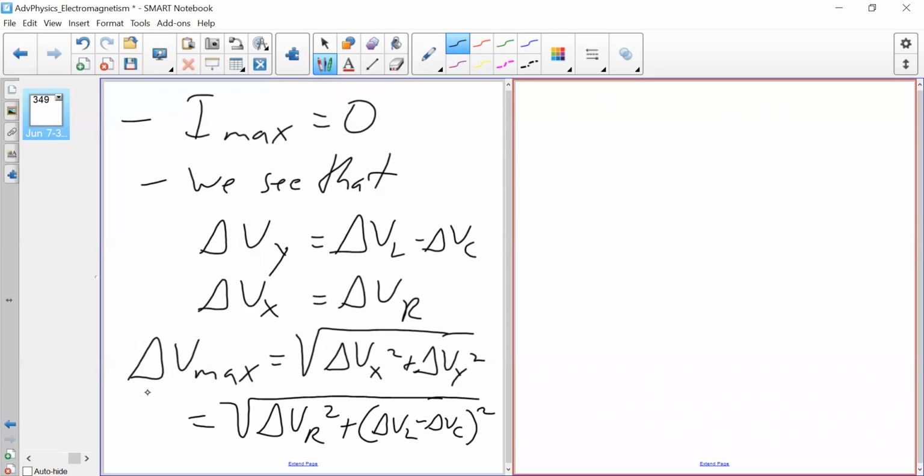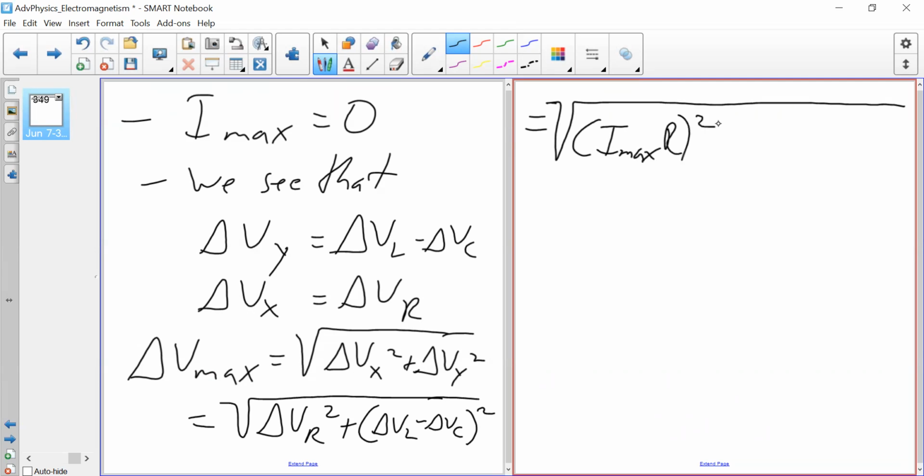And so we know that the voltage in an alternating circuit with a resistor is going to be I max R squared plus I max XL minus I max XC squared.